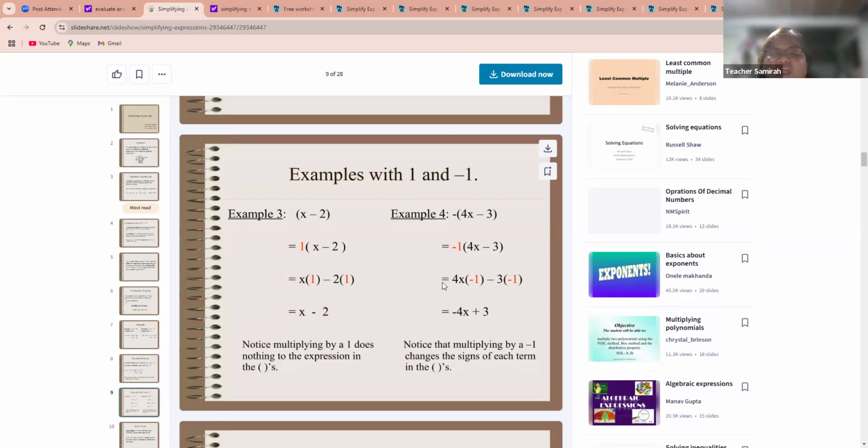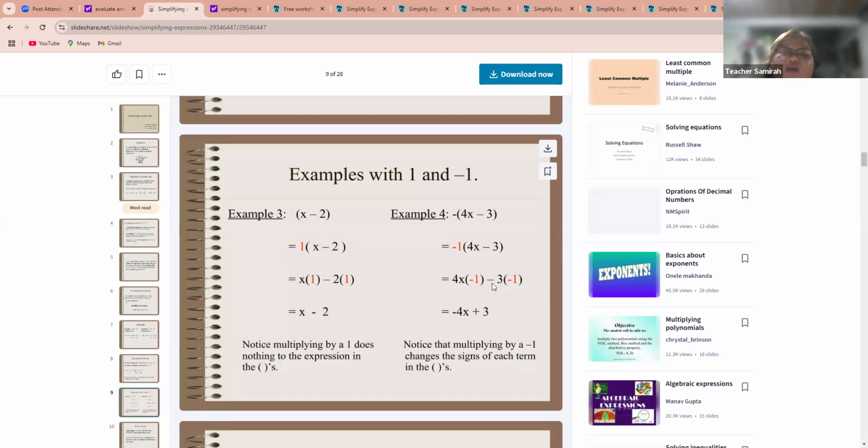And if we look at it, 4x, the first term, is actually positive, right? So I am going to multiply this by negative 1. That would give me negative 4x.